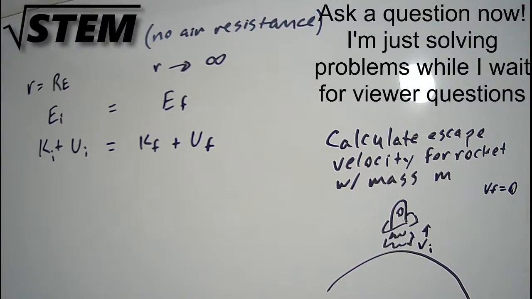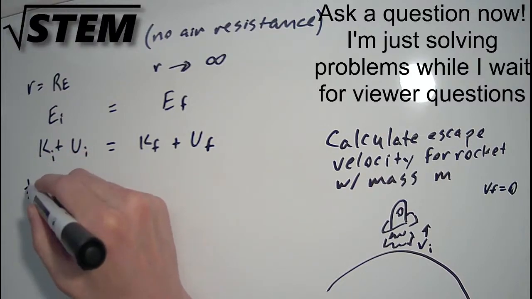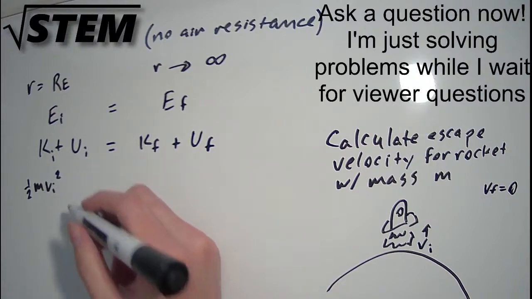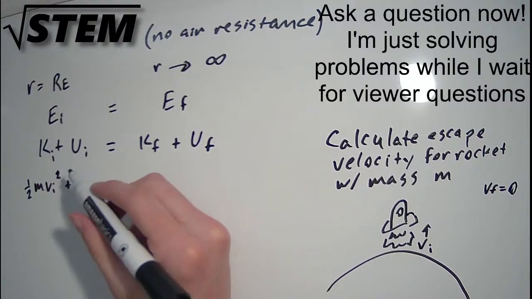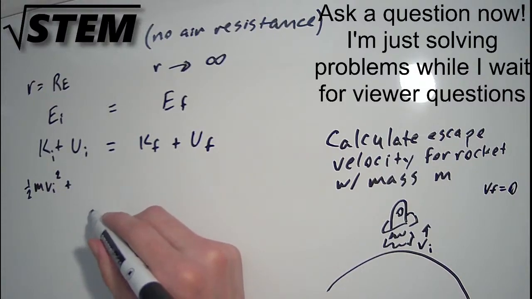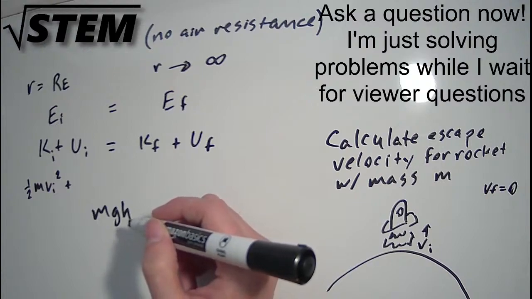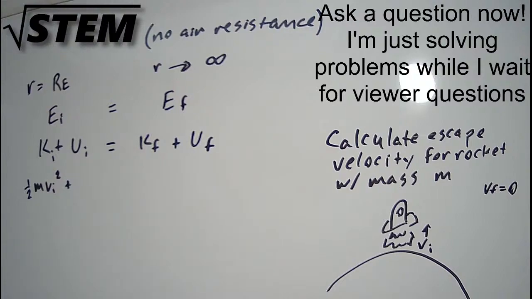And so we can get these two kinds of energy using our formulas. We'll have 1/2 m v initial squared plus, normally we use mgh to get potential energy from gravity, but we're actually going to use a different formula.